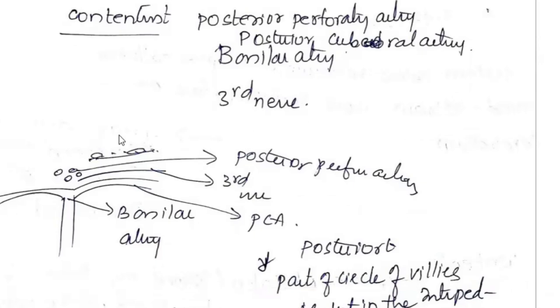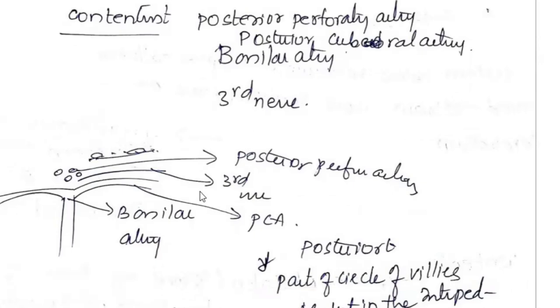When there is a PCA aneurysm, the third nerve is going to be affected, because the PCA runs along with the third nerve on its lateral aspect. So the basilar artery, the PCA arising from it, and adjacent to that the third nerve: three contents.